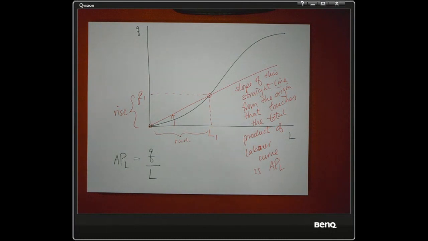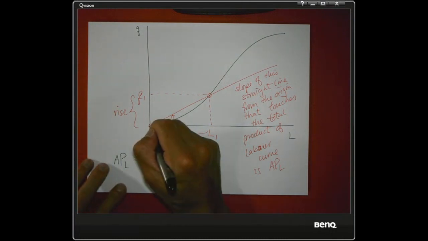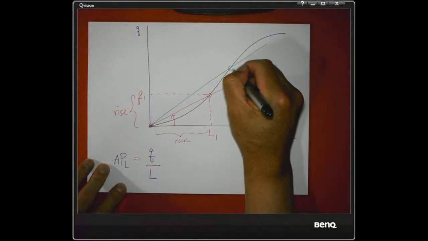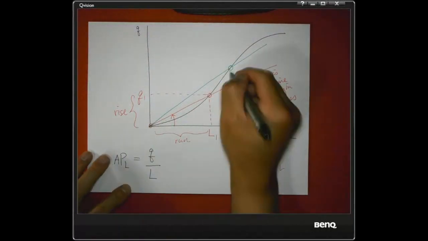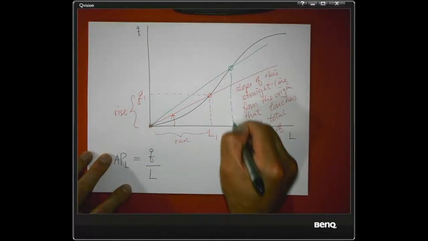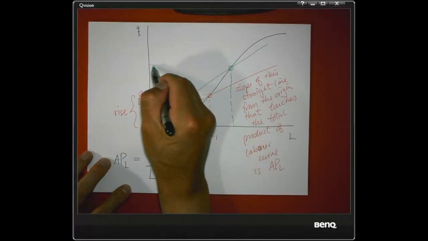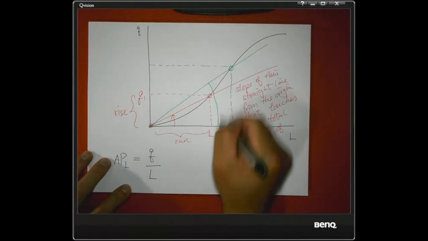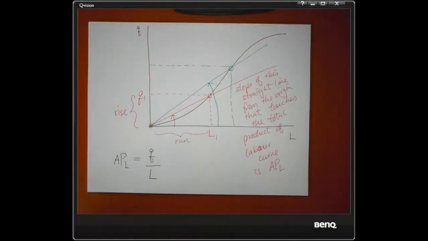Well, you can draw any line. So if you draw a line like this, it will touch the total product curve in here. That means at this level of labor inputs relative to this output, this slope will give you the average product.